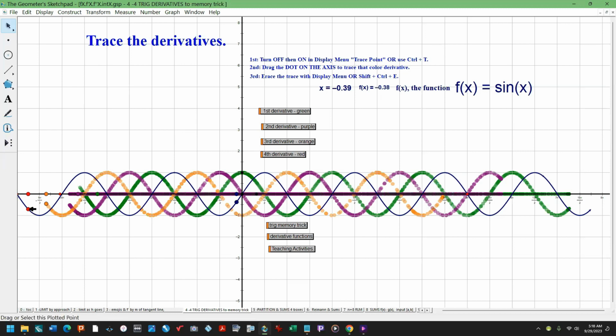And we can do it for the fourth derivative, which is in red. And when we do that, we see the fourth derivative is exactly equal to the sine function.